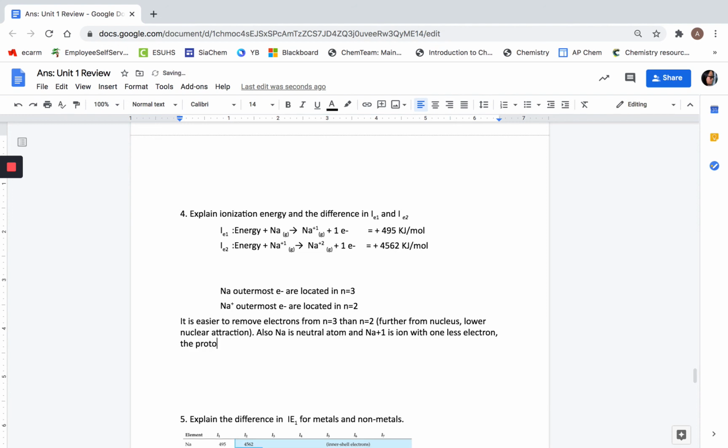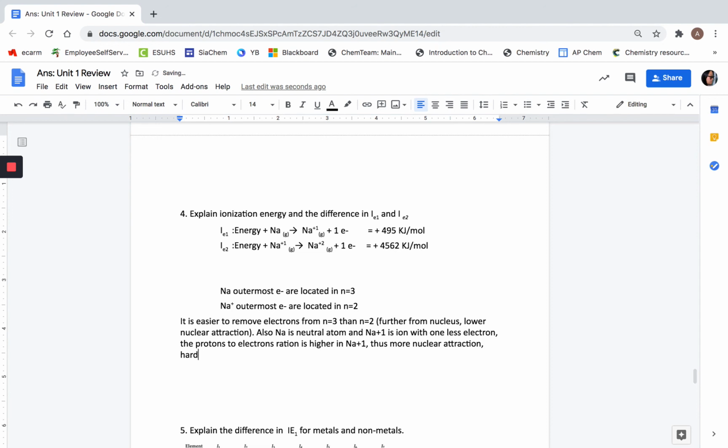The proton to electron ratio is higher in Na+, so there is more nuclear attraction. It is harder and needs more energy to remove an electron from Na+.